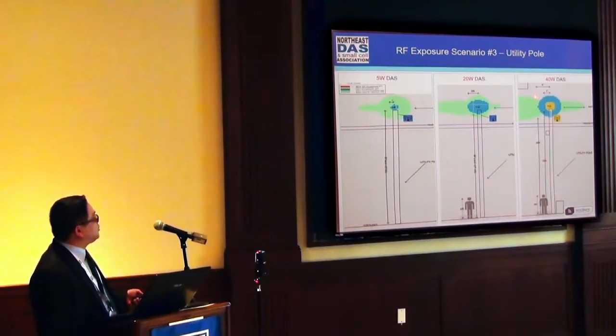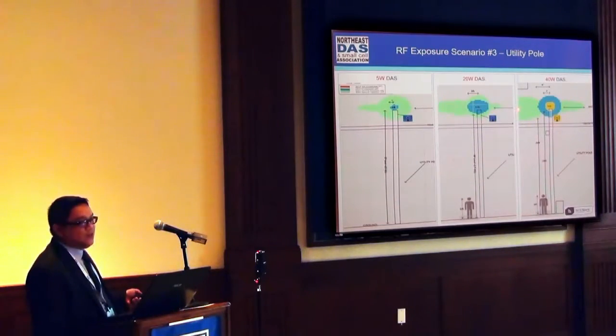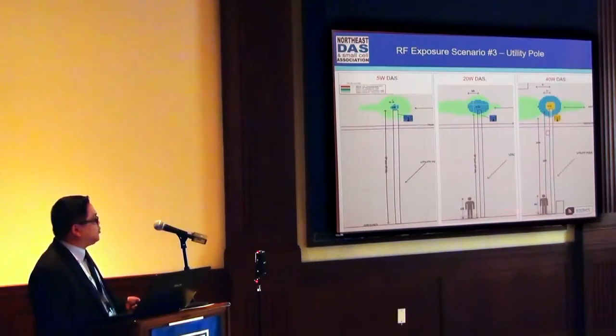Here's an example where you're doing now a 20-watt or a 40-watt DAS. And this is just a DAS. See the difference between the 5-watt, the 20-watt, and the 40-watt DAS. There's significant changes, and again, all of this is considering a canister antenna as a simulation. It doesn't impact general public underneath, but it does impact people that would be able to access the antennas.